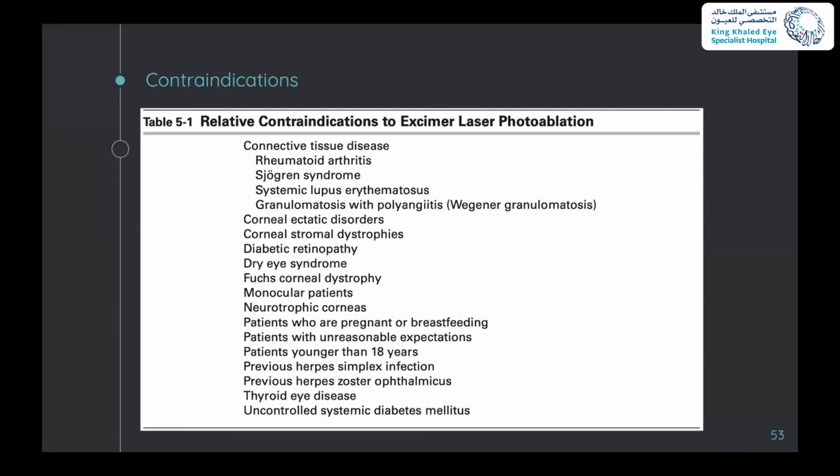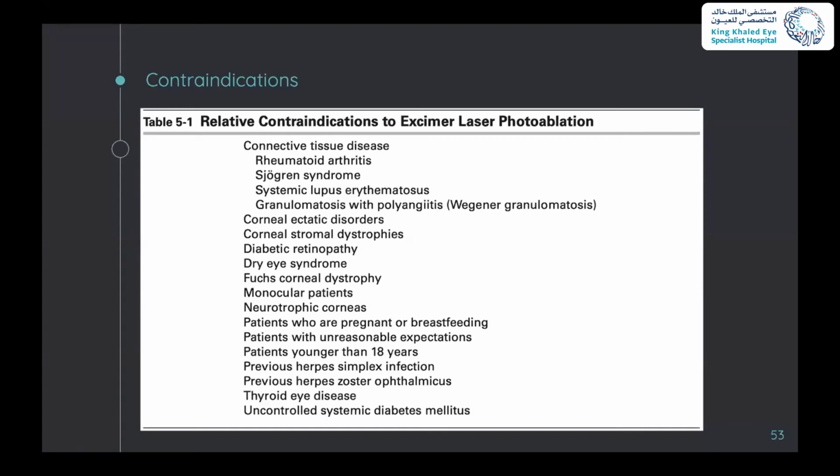You need to see if there are any dystrophies, diabetic retinopathy, dry eye syndrome, Fuchs endothelial dystrophy. Also neurotrophic corneas, ladies who are pregnant or breastfeeding, patients with unreasonable expectations, patients who are too young, and any previous history of infection, herpes simplex or herpes zoster. And also thyroid eye disease or uncontrolled diabetes.